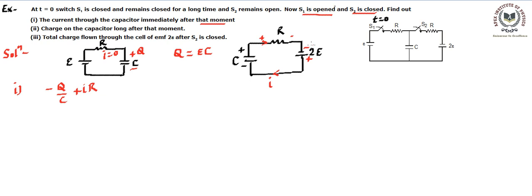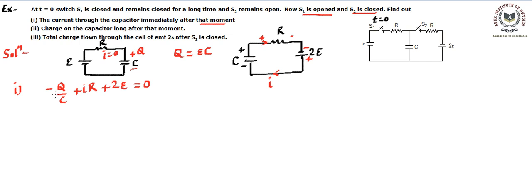And when we move from here to there, it's again a gain, so it's going to be minus twice E, equal to 0 as per Kirchhoff's law. Now Q is equal to C into E, so this Q by C is E.